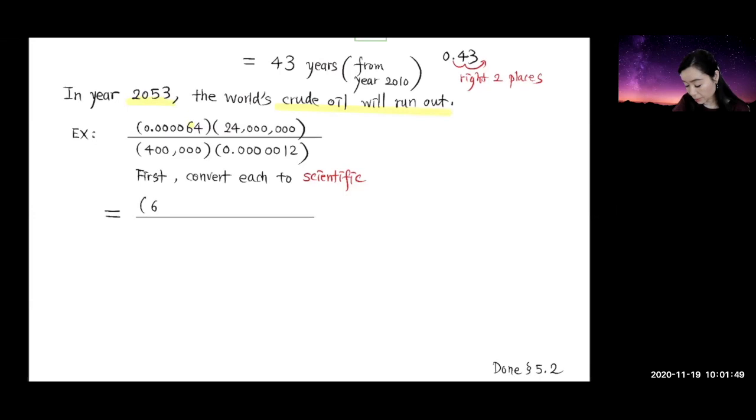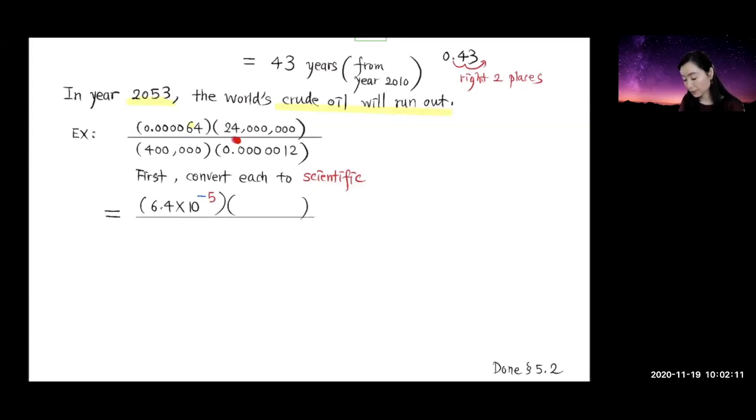6.4 times 10 to the fifth power. Positive, negative? Negative. Yeah, it's negative. Negative fifth power. A tiny number, right? So what about the second one?